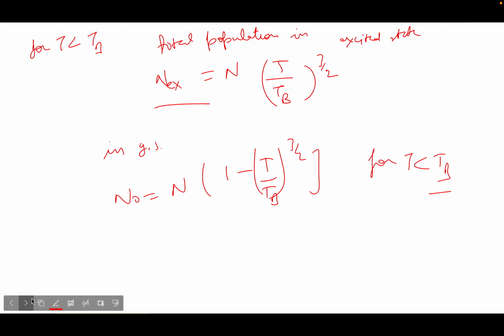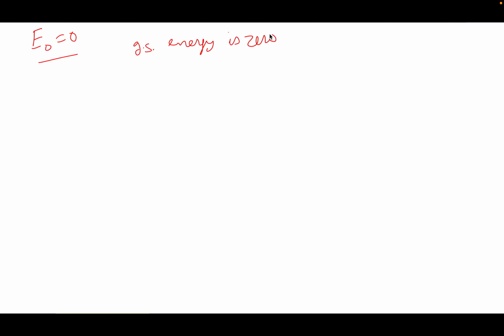Now if we assume zero ground state energy, that is E0 is equal to 0, then particles in the Bose-Einstein condensation make no contribution to total energy.